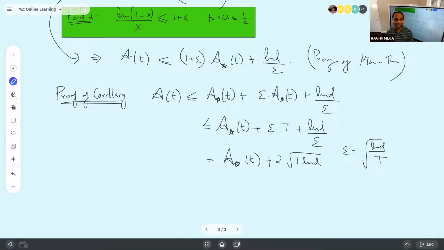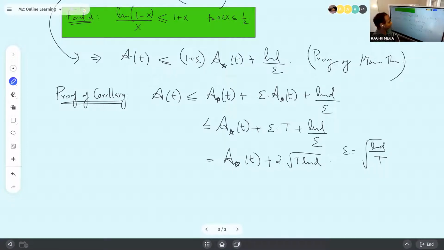It's called mirror descent, basically online mirror descent. You can analyze it from there. That's not important for us, but basically we're balancing epsilon, which is like a step size.